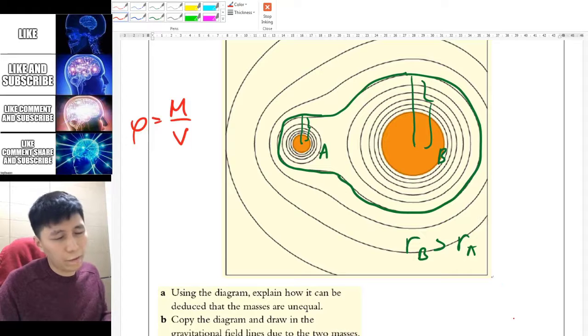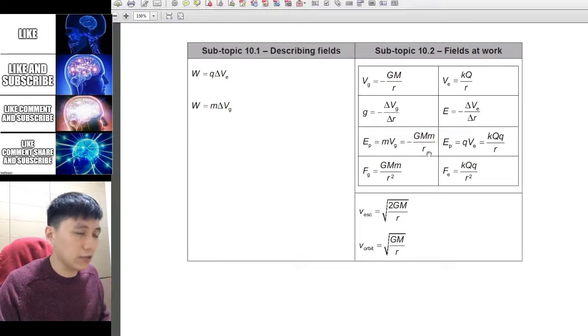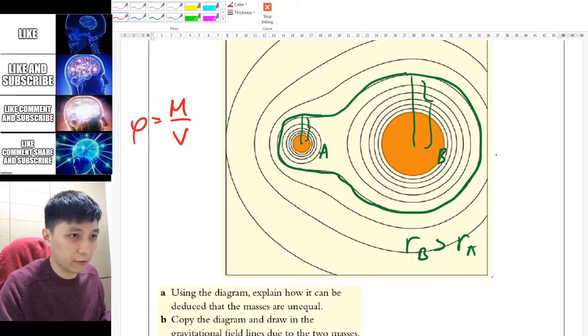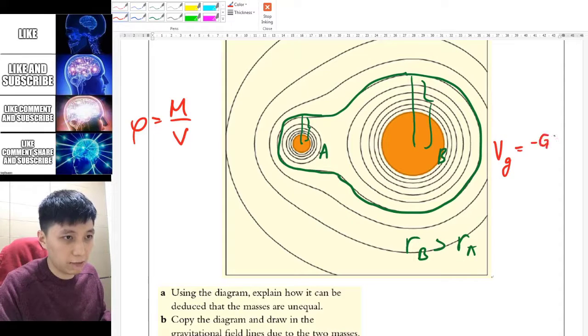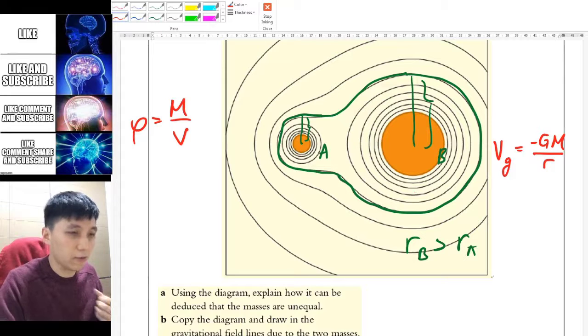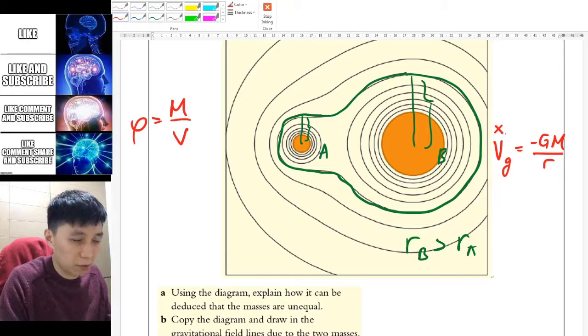So the answer can be explained by an equation that gives the potential, mass, and also the distance, which is this one. Let me just copy it here first. Potential V equals negative GM over r. So obviously you can see that within this line, they have the same potential. G, of course, is the same since it's a universal constant.